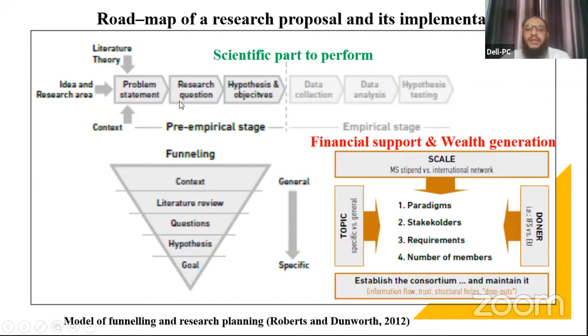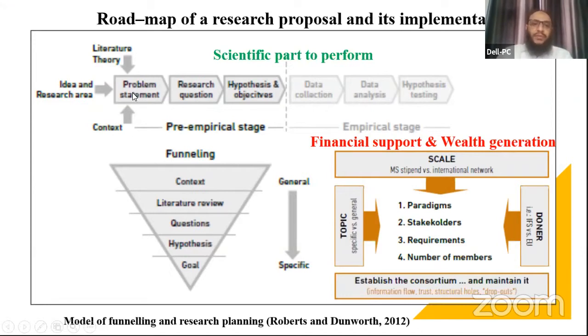It is clearly differentiated into two stages: pre-empirical stage and empirical stage. So the scientific part which we have to perform during our research proposal includes the pre-empirical stages and the empirical stages. The pre-empirical stages are literature theory and review of literature, ideas and research areas and context, and amalgamation of all these three in the form of a problem statement.